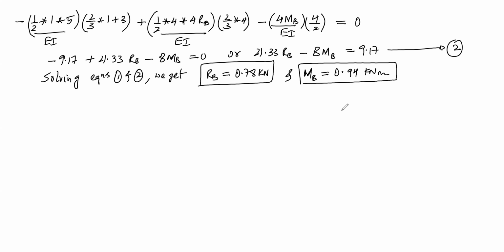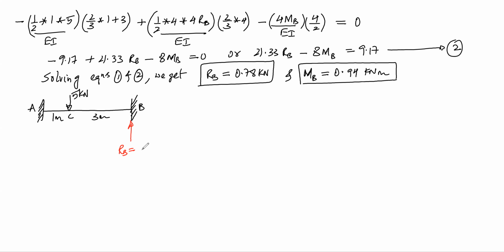So here we have a fixed beam on which there is a point load 5 kilonewtons. The spans are 1 meter and 3 meters. This is point A, B and C. So now we have determined the redundants.